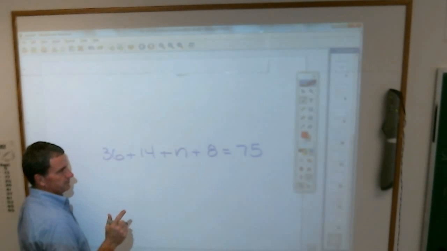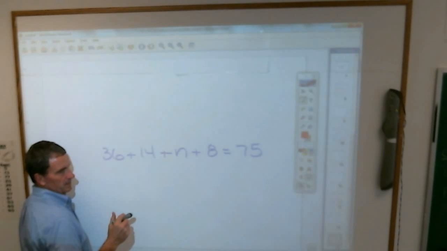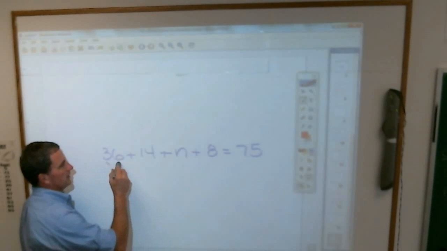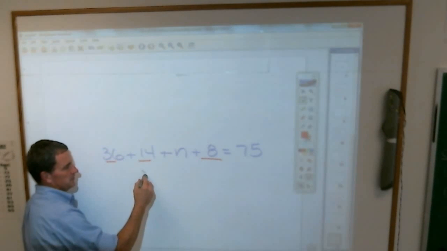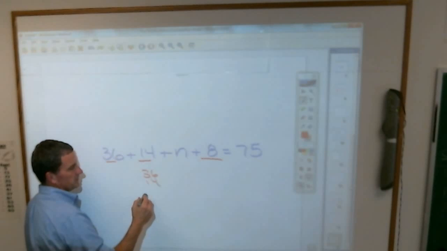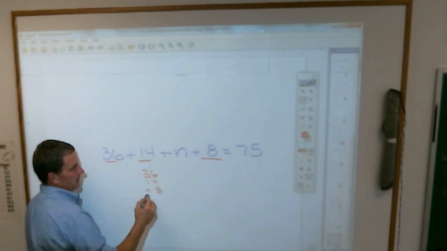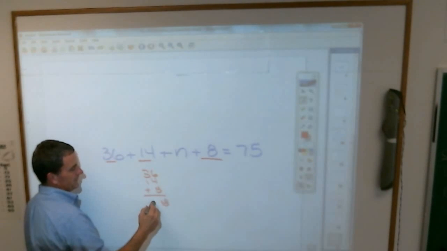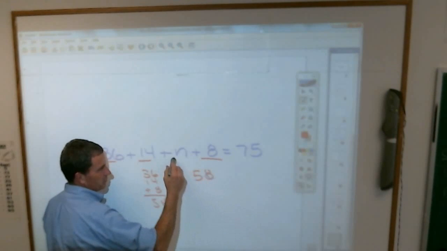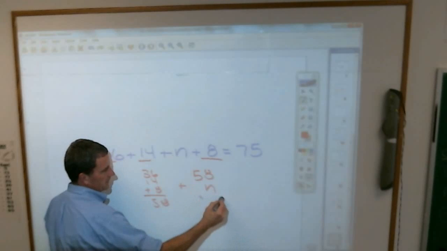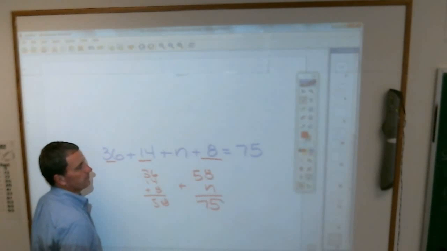First, you want to do what, Abram? Add 36, 14, and 8. Yeah, you want to see how much you have altogether on this side of the equal sign. 36 plus 14 plus 8 is what? 58. And then it becomes just this easy problem: 58 plus N equals 75.